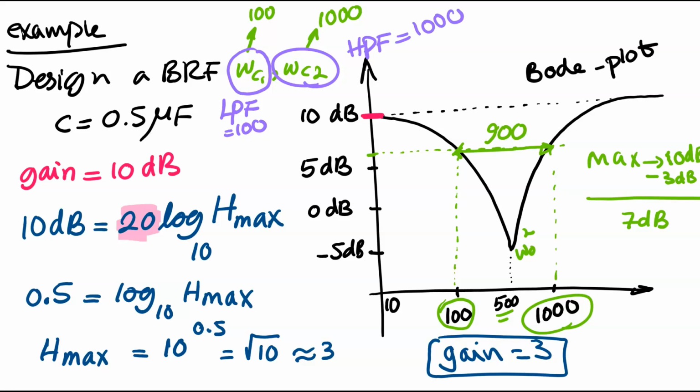I'm going to write the information that I have from this page on another slide, and then I'll start working with it. I know that omega C2 is equal to 1000, and it should be the cutoff frequency of my high pass filter, which is 1 over RH multiplied by CH.